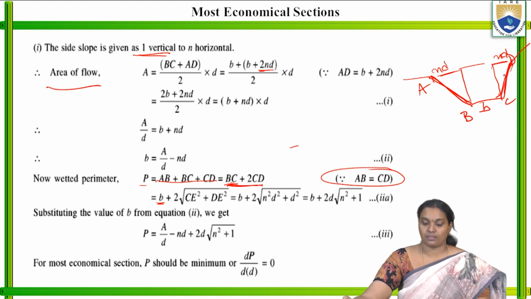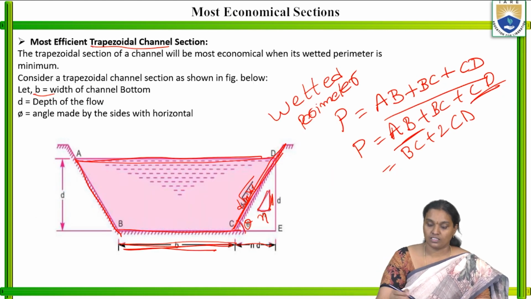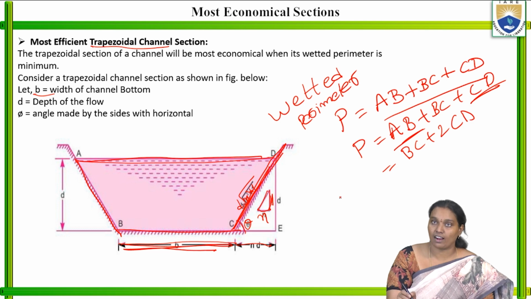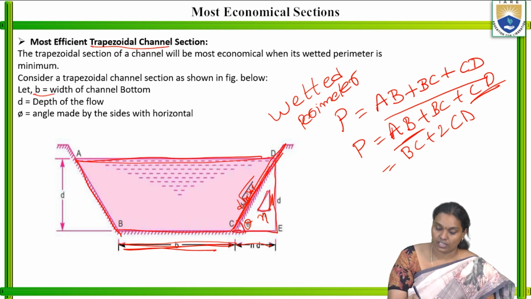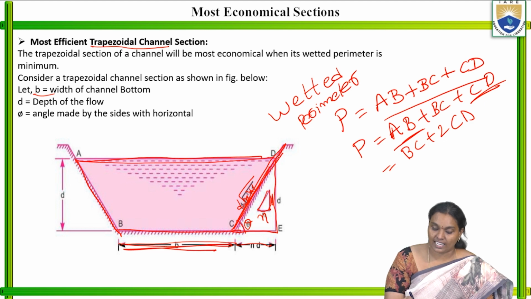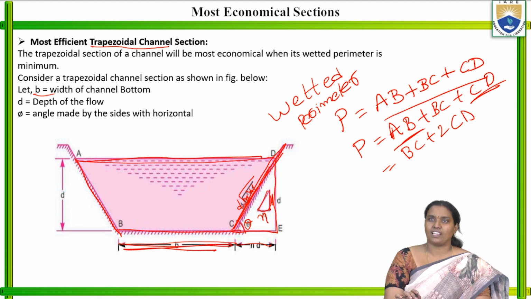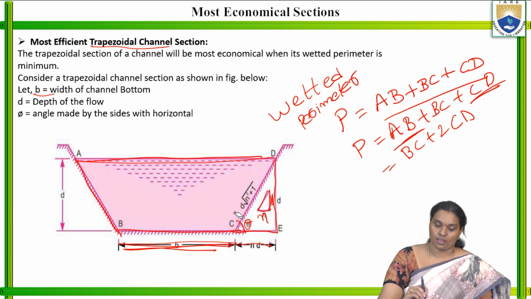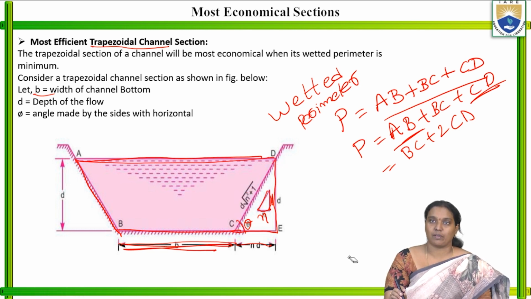Again we have to understand here. We have a right angle triangle. This is nD, this is D. So finally CD is equal to D root n square plus 1.